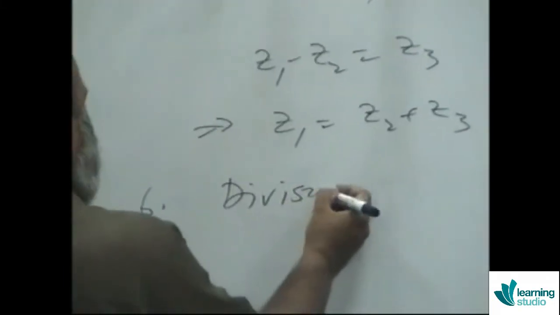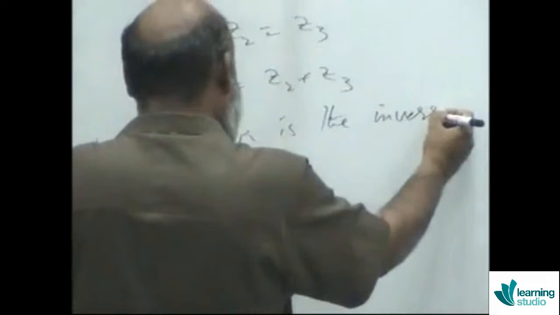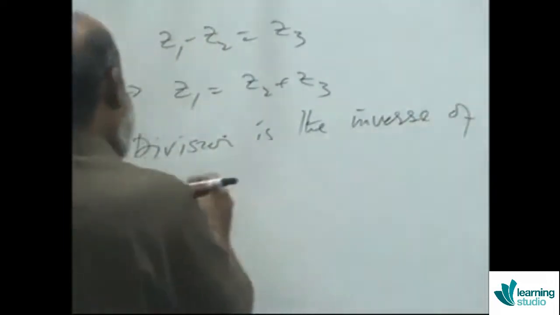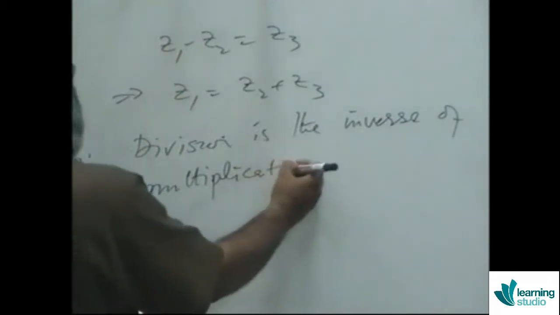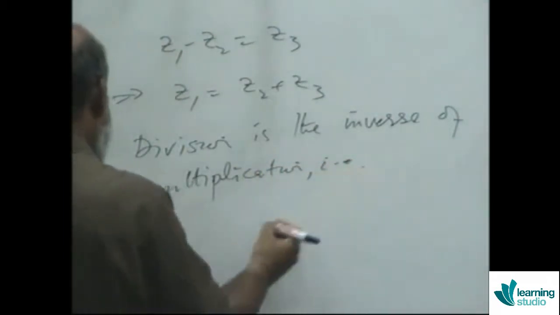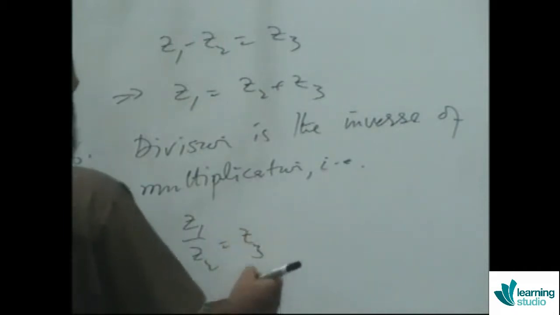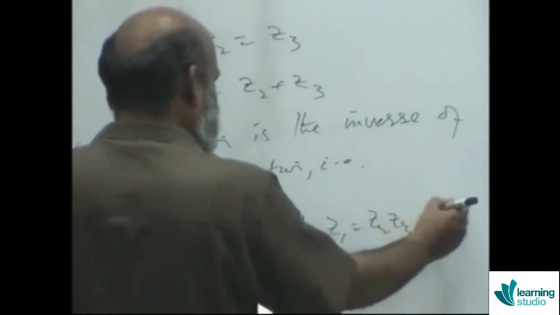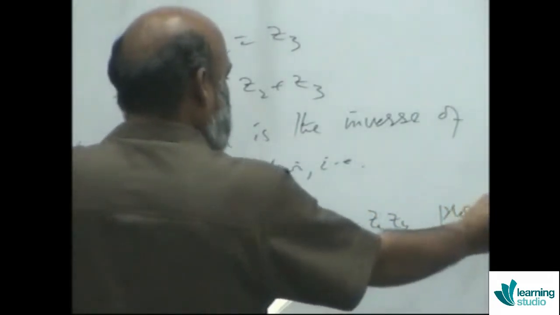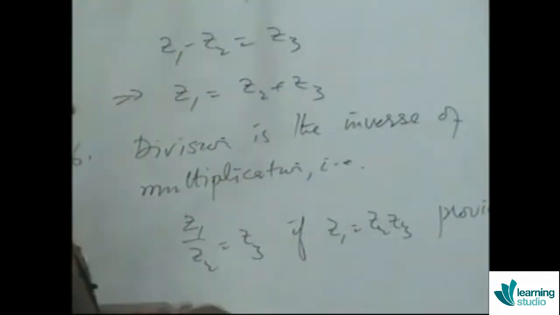Division is the inverse of multiplication. That is, Z1 over Z2 is equal to Z3 if Z1 is equal to Z2 and Z3, provided Z2 is not equal to 0.